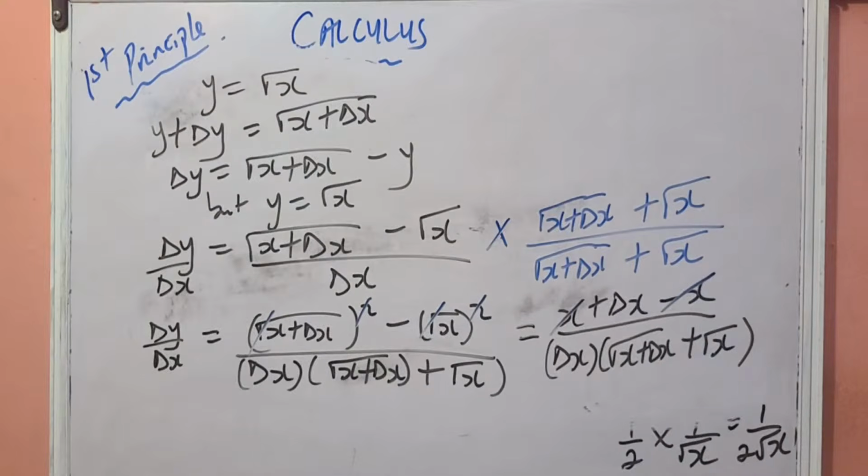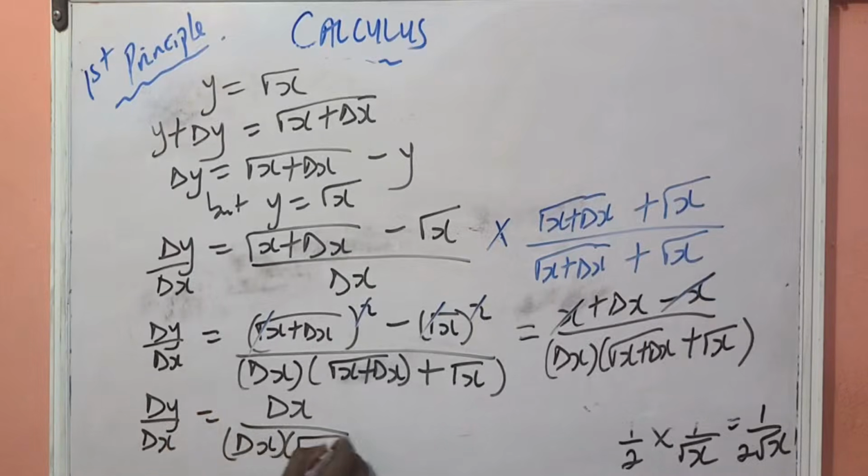So what are we left with? We are left with change in y over change in x is equal to what? Change in x is what is left there, over change in x. Then we have x plus change in x plus root x.